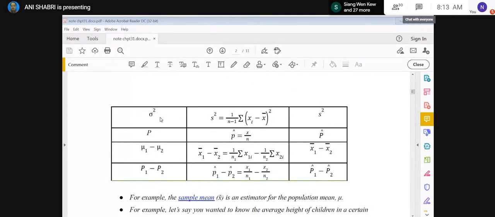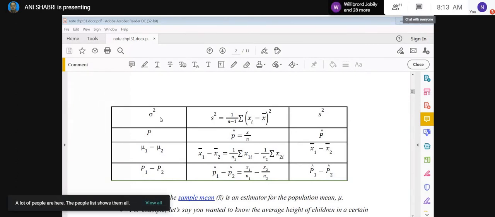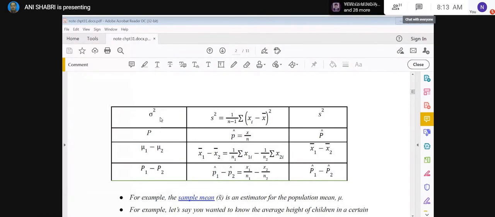Variance sigma squared, statistic s squared equals 1 over n minus 1 summation of (xi minus x bar) squared. Proportion p, p hat equals x over n. mu1 minus mu2, x bar 1 minus x bar 2 equals 1 over n1 summation of x1i minus 1 over n2 summation of x2i. P1 minus P2 equals x1 over n1 minus x2 over n2.